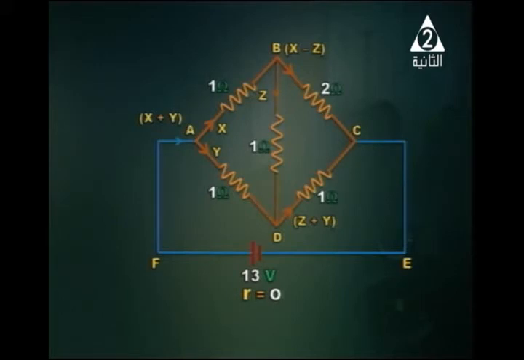At point B, a portion of the current denoted by Z passes through the 1 ohm resistor. So the current that flows through the 2 ohm resistor must be X minus Z. And what happens at node D? Yes, Z and Y are added together to give Z plus Y that passes through the 1 ohm resistor.